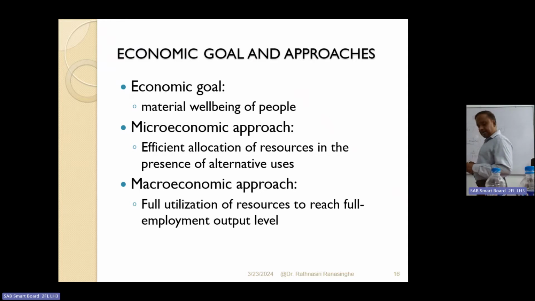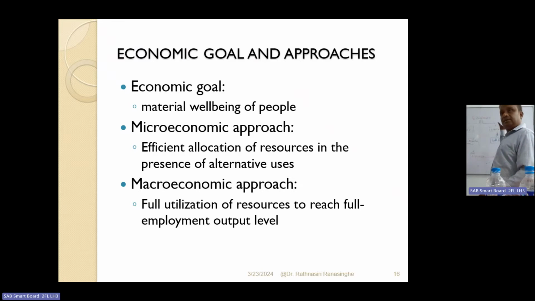But when it comes to macroeconomics, we talk not about the optimum allocation of resources; we see our overall economy and talk about full employment. Full employment is the situation where we utilize all the factors of production in the maximum possible, efficient manner.